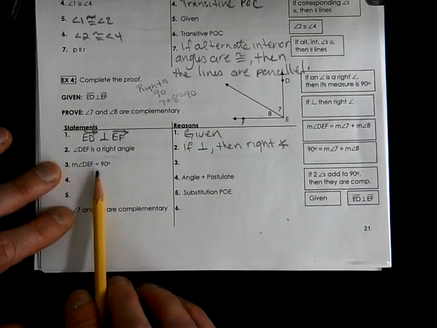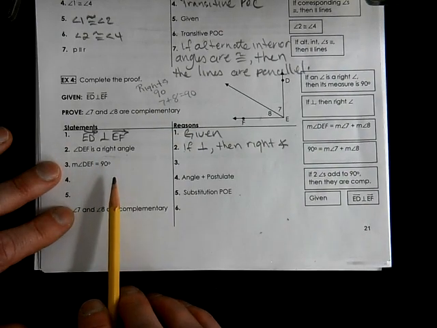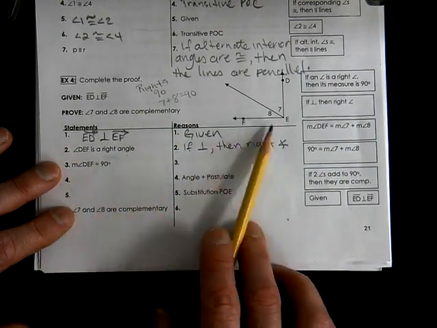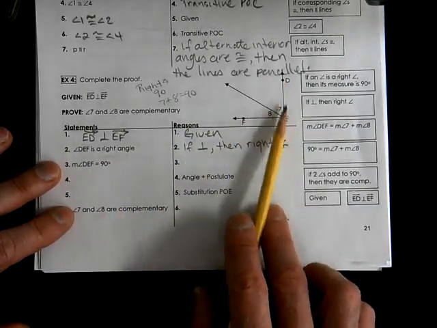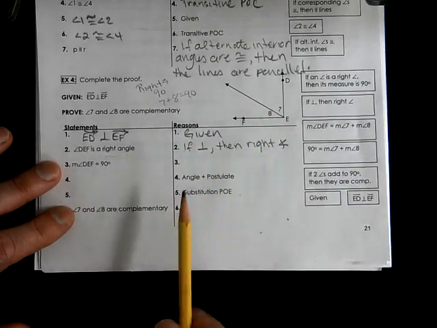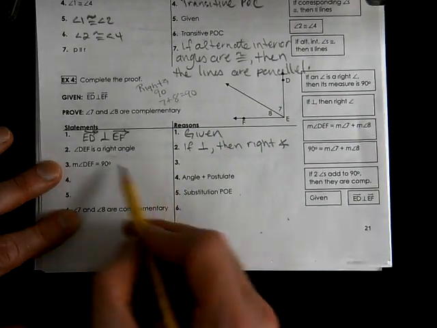How do we know we have 90 degrees? Where did 90 degrees come from? I know that DEF is a right angle, but why is DEF equal to 90 degrees? Right angles equal 90 degrees.